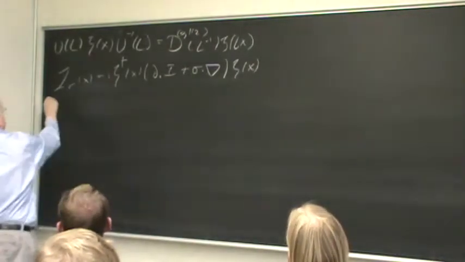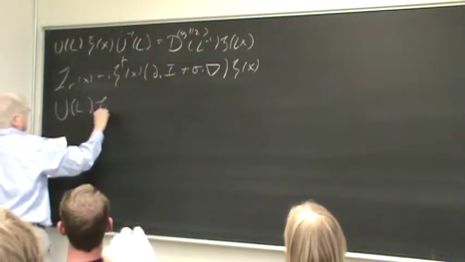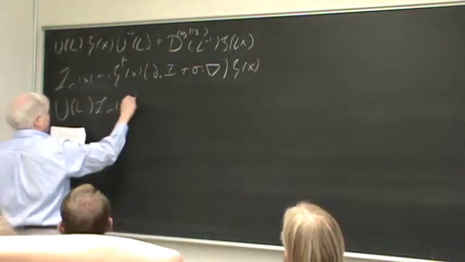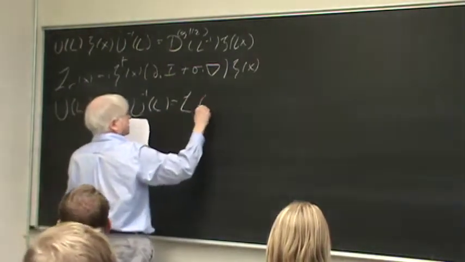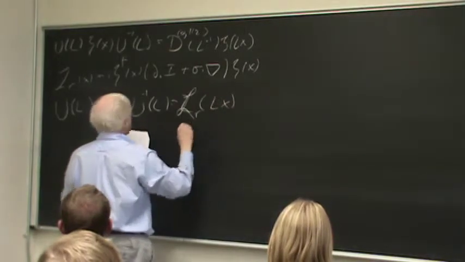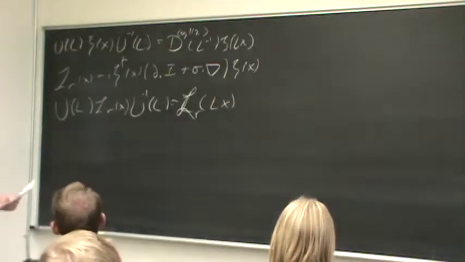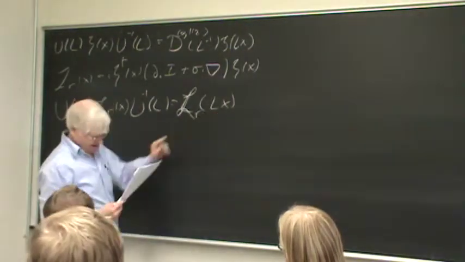Under a Lorentz transformation, u of L, lambda R of L, R of x, u inverse of L is just L sub R of Lx. So the action density just changes by x going to Lx.